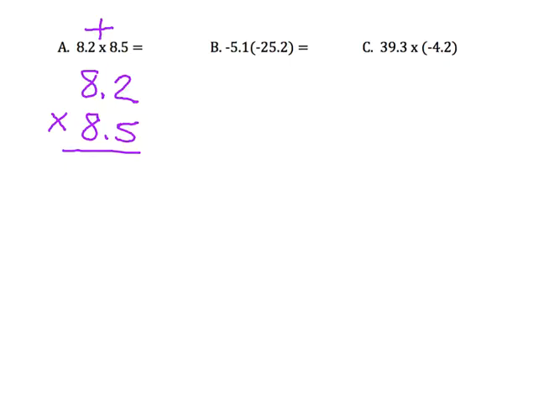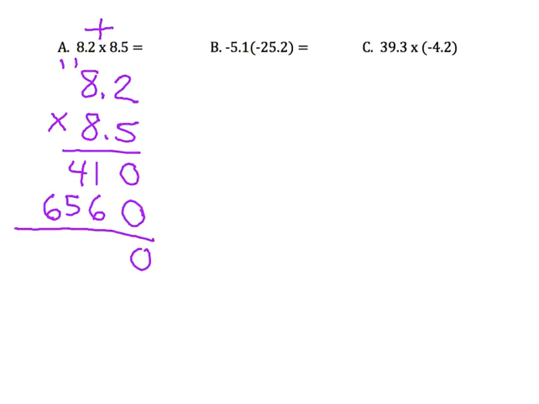And then you multiply. 2 times 5 is 10, carry the 1. 8 times 5 is 40, plus 1 is 41. Put a 0 in this place right here. 2 times 8 is 16, carry the 1. 8 times 8 is 64, plus 1 is 65.